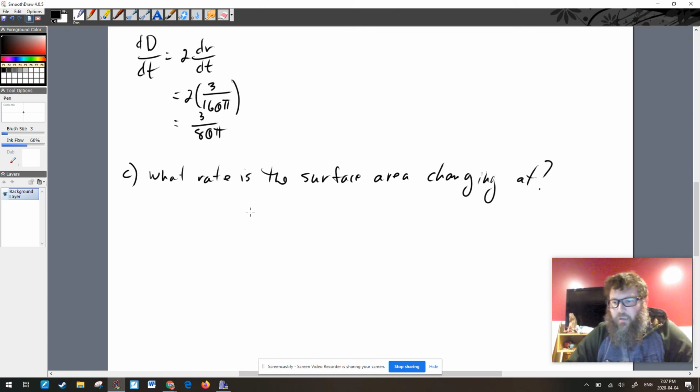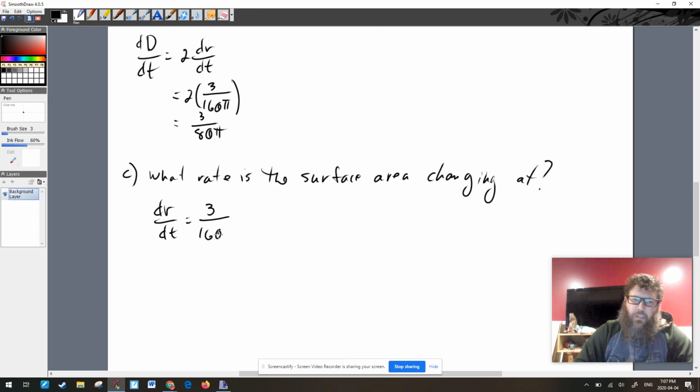Right, so that becomes a much more challenging problem. So if this was a scaffolded question and we got to here, well, we already know what dr by dt is. We found that dr by dt was equal to 3 over 160 pi, which is all good.